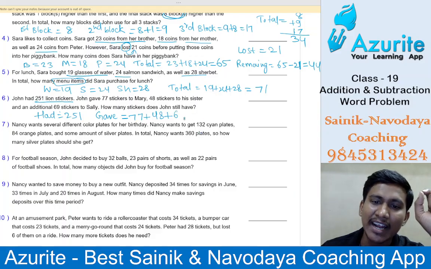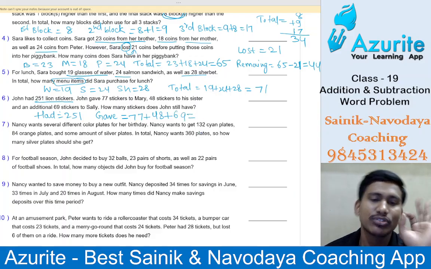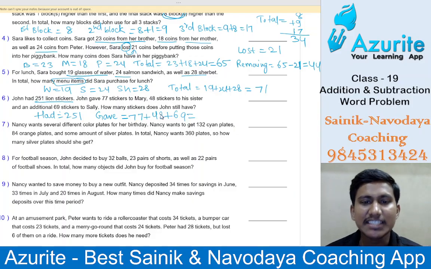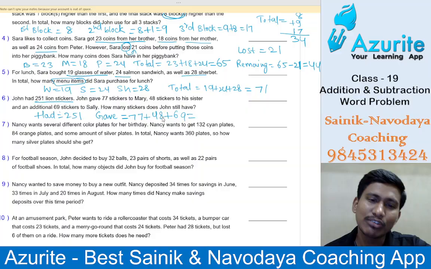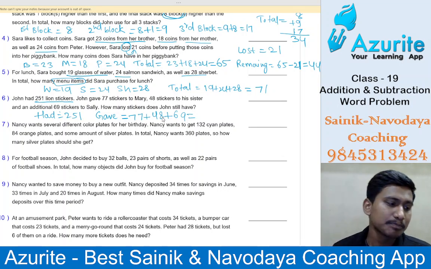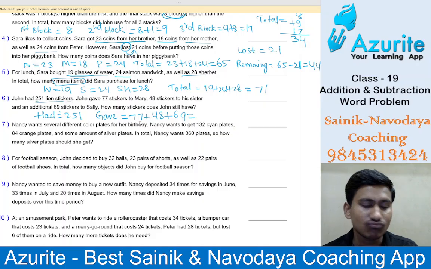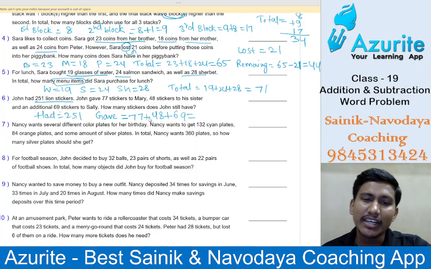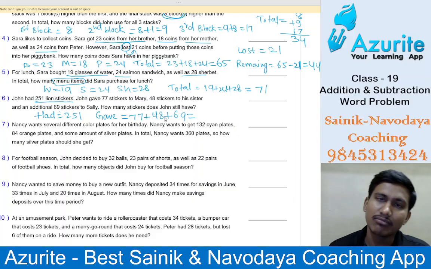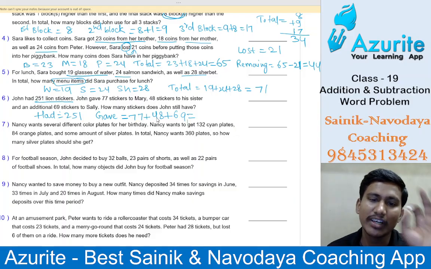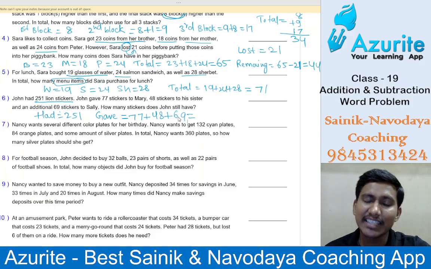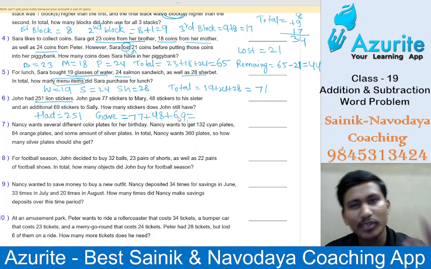Add all. So 77 plus 48, it will be how much? Here 110 plus 15, 125. He gave 125 plus 69. So 124 plus 70, it will be 194.